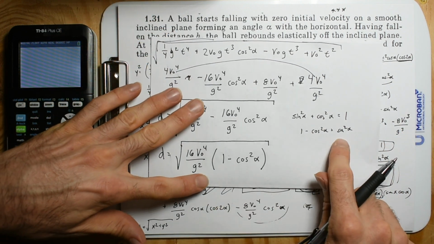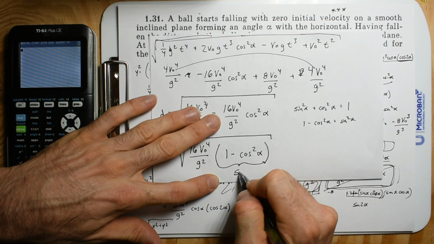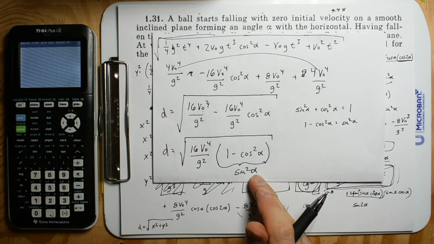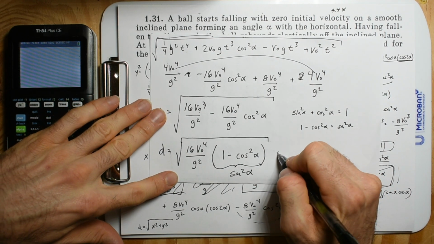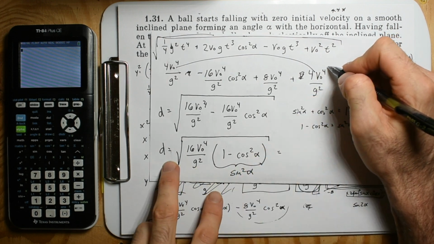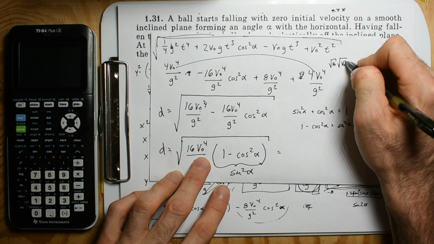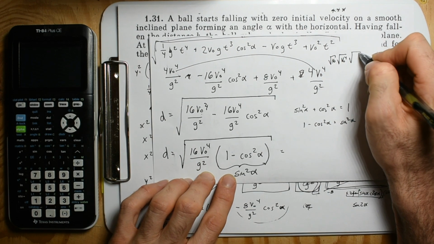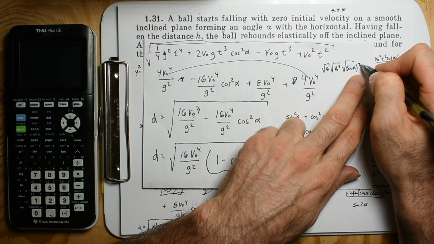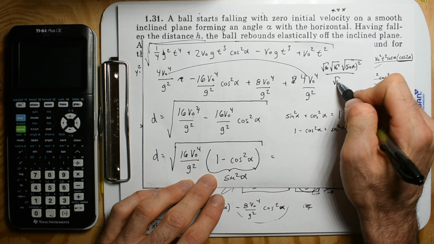So now this is going to be sine squared alpha. And so d is, if you did this, the same thing as the square root of 16 times the square root of v naught to the 4th times the square root of sine squared alpha, divided by the square root of g squared.